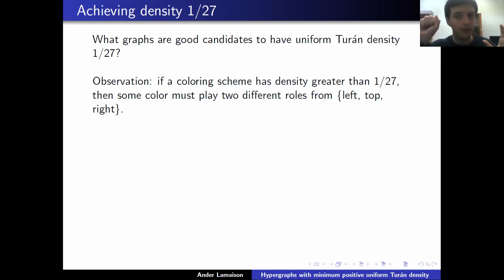Maybe it's in the same triple, maybe it's in a different triple, or maybe there's some color that appears as left in one triple and as top also somewhere, or some color that appears as top and as right. But there must be some color that appears in two different positions in some triple.